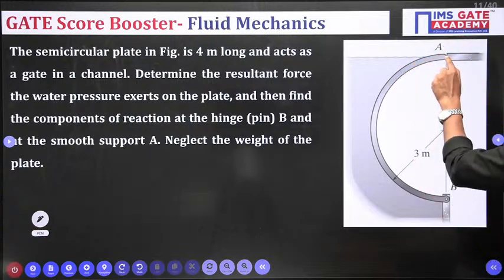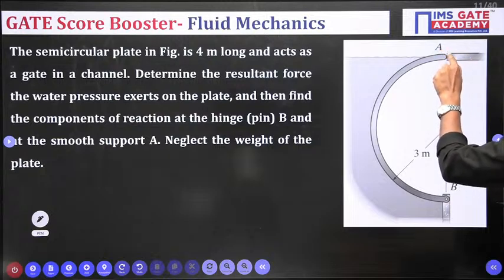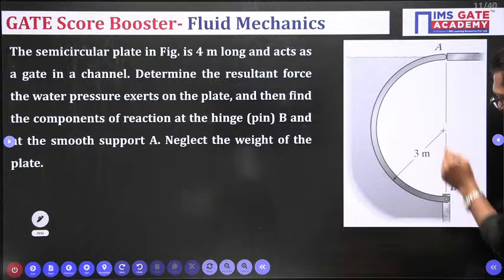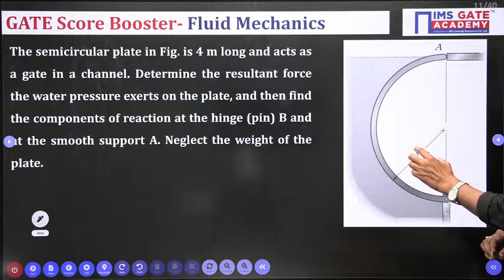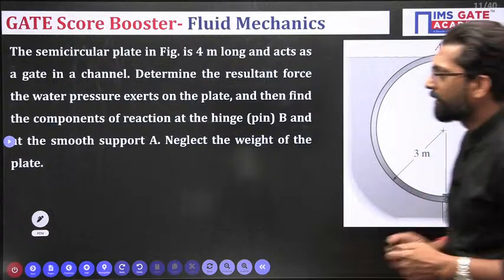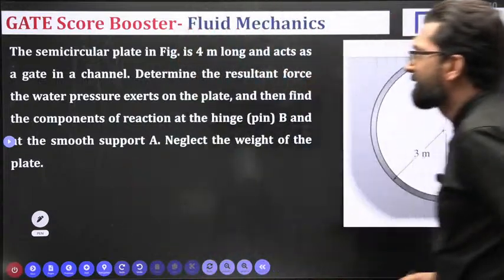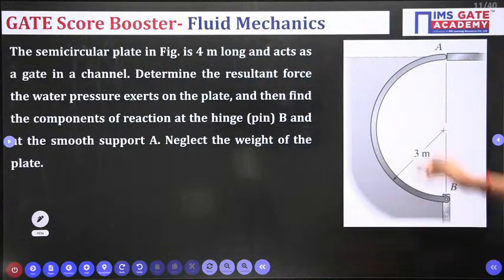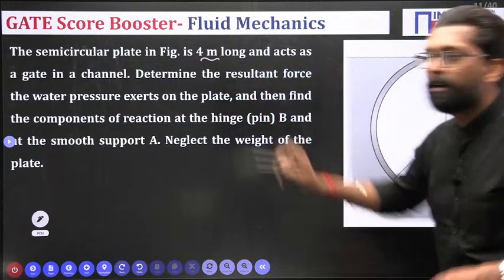And to support it, there is a supporter at point A and hinge at point B, and this circle has a radius of 3 meter. So this is a very important problem I am telling you. What this says is a semicircular plate in the figure, this is the figure given, 4 meter long. That means this is perpendicular to the board.